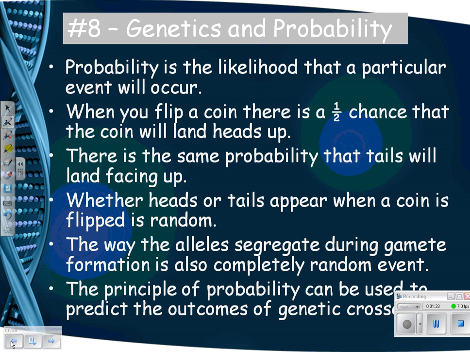When the chromosomes line up on each side of the meiotic plate, it's random. Second question: how can the principle of probability be used in relation to genetic crosses? It can show us the possible outcomes of a cross and the probability of having those outcomes.